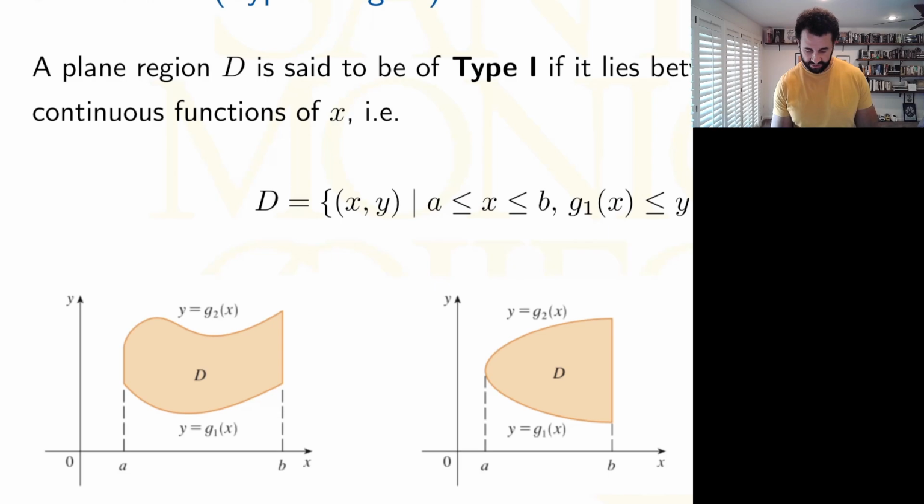There we go. You see here, this region D is basically sandwiched between two functions of x. And then we're going to integrate with respect to x from a to b, right? So it's between two curves and then between two numbers, two lines, you could even say.